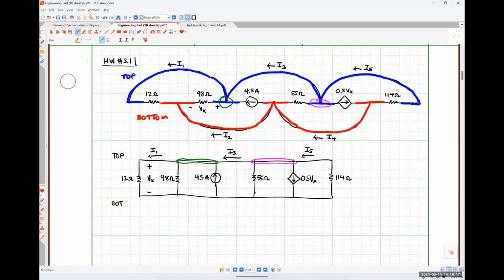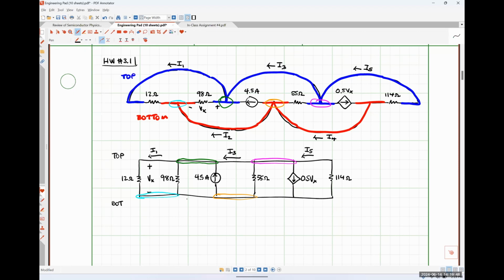Let's see. The current I2 is originating at the node where the tail of the 4.5 amp current source and the 55 ohm resistor are connected together. So that would be right here. It's flowing to where the 12 ohm resistor and the 98 ohm resistor are connected on the bottom node, which would be right here.